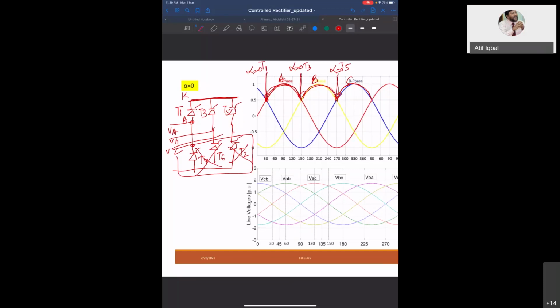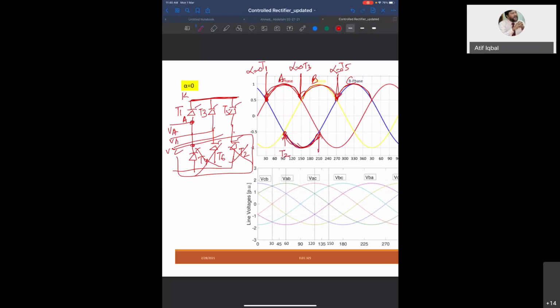Now, what about the lower group? Look at the lower group. This is the point alpha equal to 0 for this phase. This phase is phase C. Which thyristor is connected to phase C? T2.